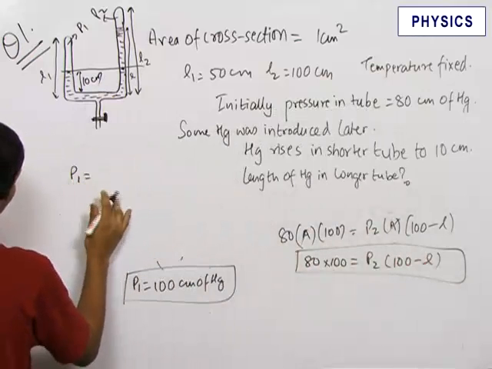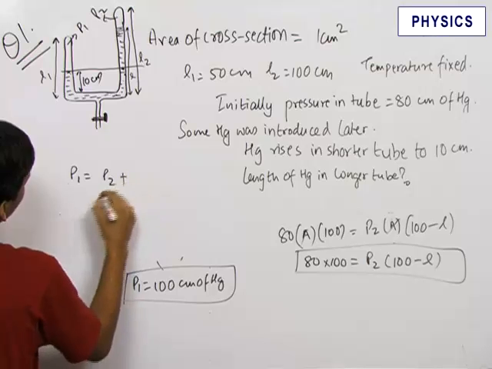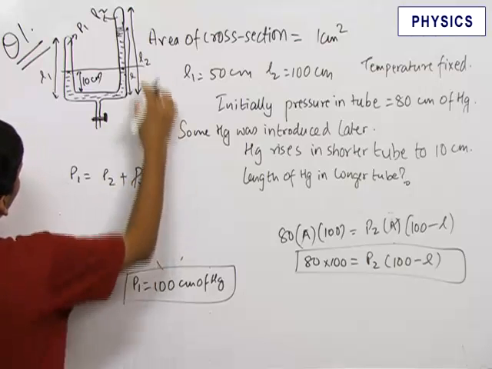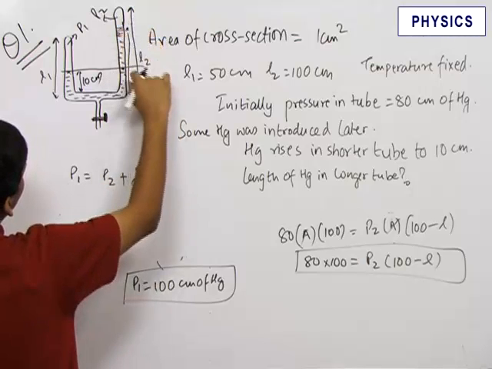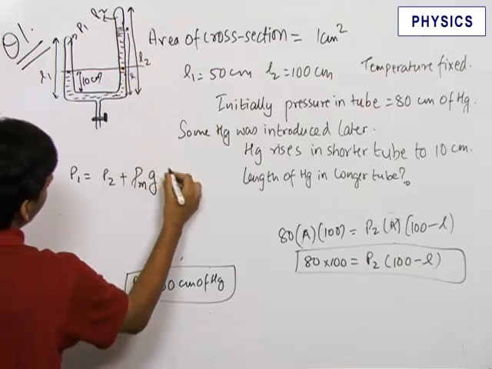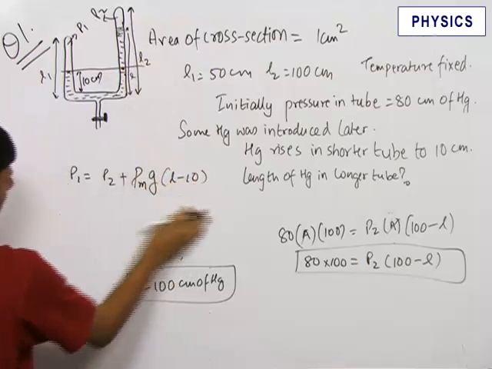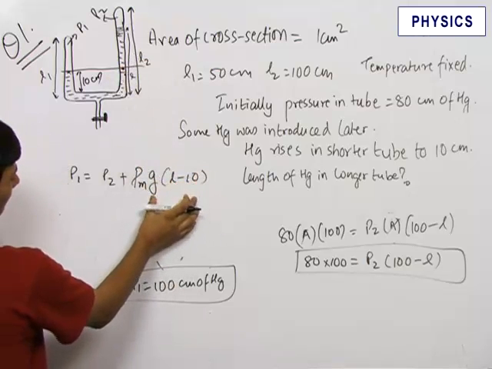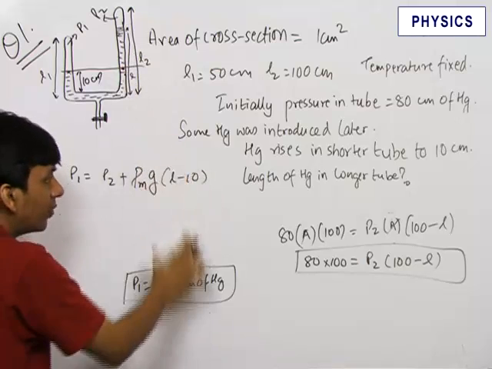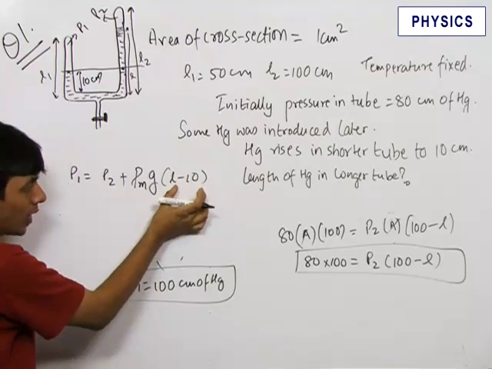P1 = P2 + rho mercury into g into this height, that is L minus 10. This is nothing else but the pressure due to a height of mercury column equal to L minus 10.